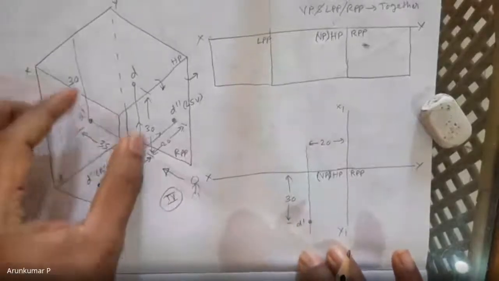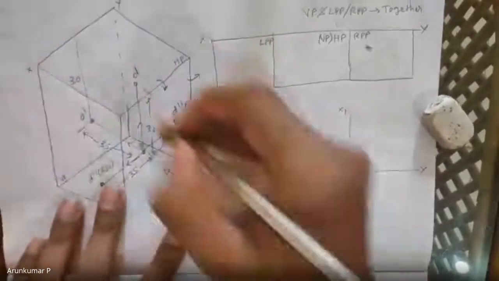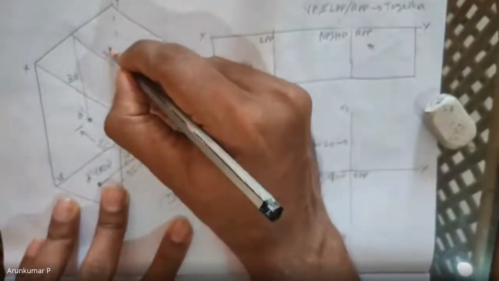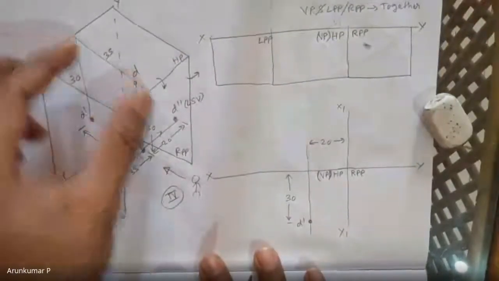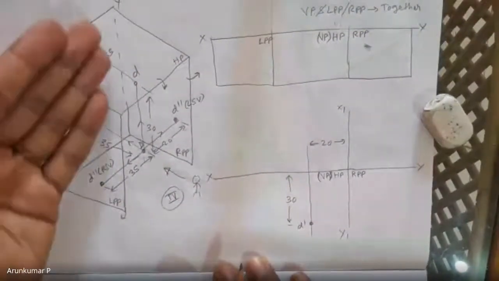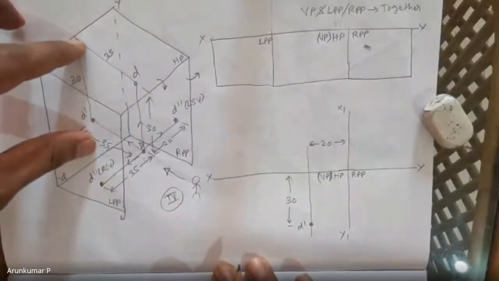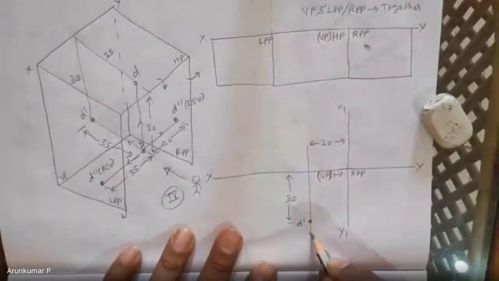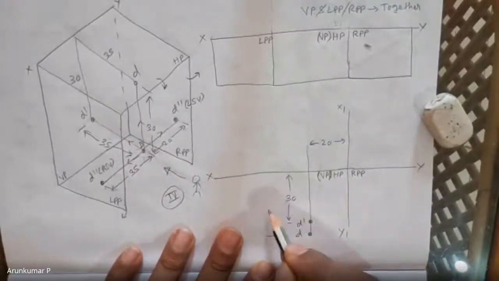So 35 mm. You can see here 35 mm. I'm going to get D from XY line. So the length of this line is 35. So 35 mm. Now what happens is, when HP rotates below, this 35 mm line rotates and becomes a vertical line. So 35 mm means somewhere here. This is where I get the top view.